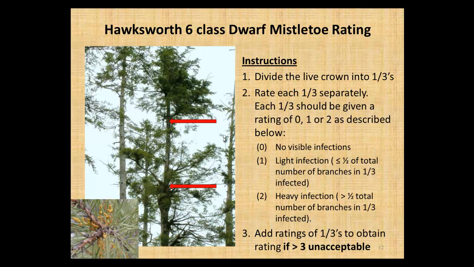So you're seeing these lesions, these swellings. If you see fruiting bodies, that's awesome. But if you see these kind of things going on, wow, look at that right on the stem. So you add all the ratings up, and if they're greater than 3, then it's unacceptable. So if you're getting this combo of ratings for all 3 layers, then it's an unacceptable tree. And so that's the concept behind the Hawksworth rating.